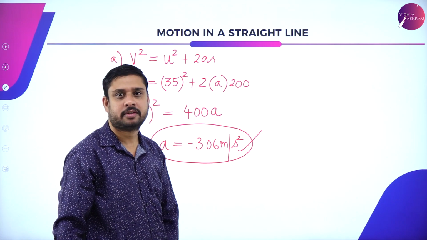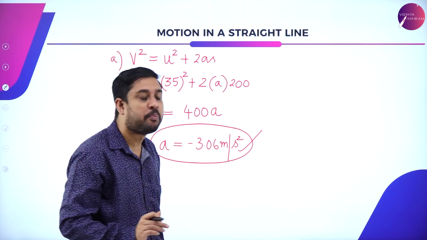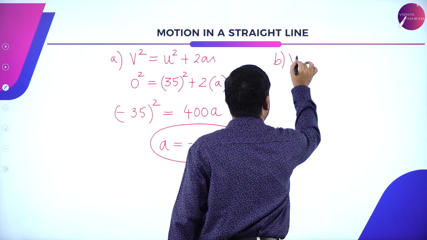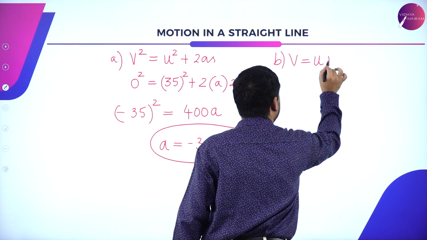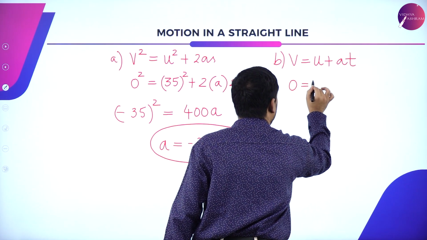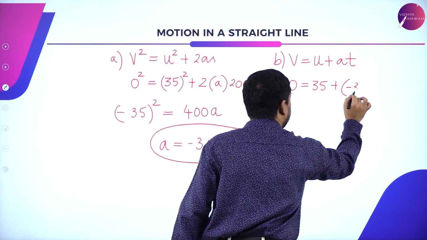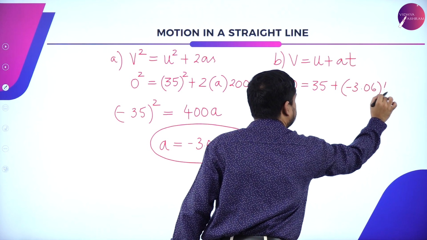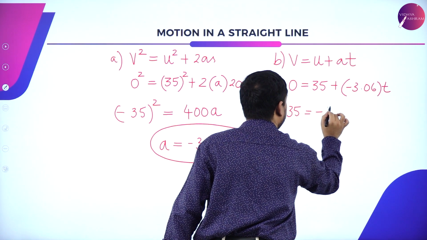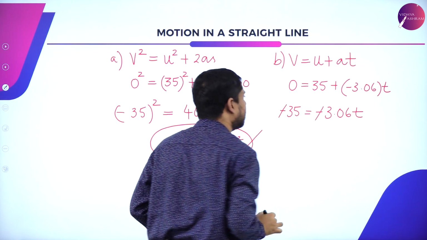The next part, how long will it take to stop? Now, I use v equals u plus at. u is 35 plus a is minus 3.06 t. Minus 35 is minus, gets cancelled.